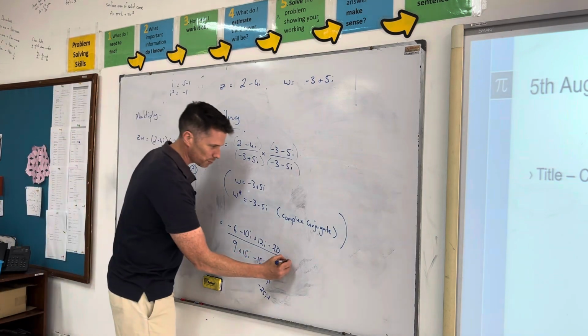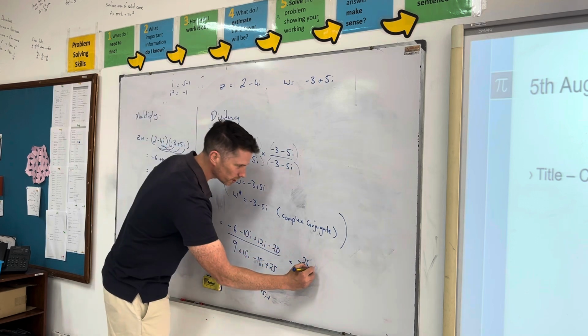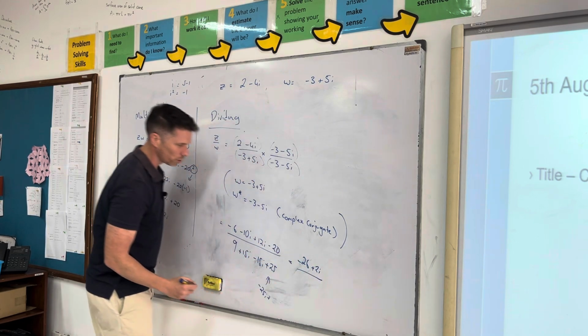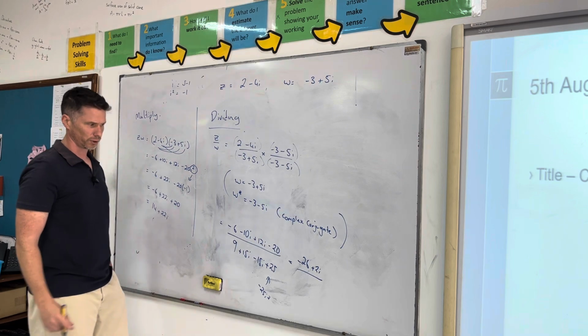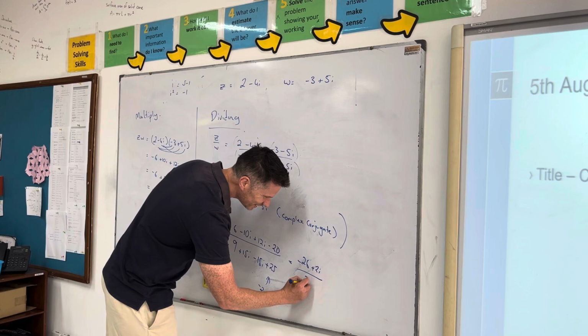So let's tidy this up. We get minus 26 here, plus 2i, all over 34. 9 plus 25 is 34.